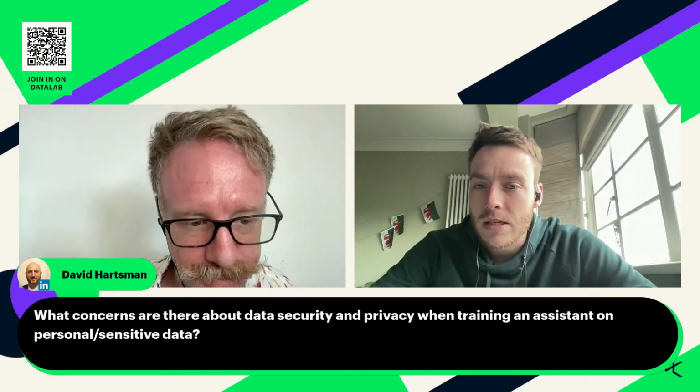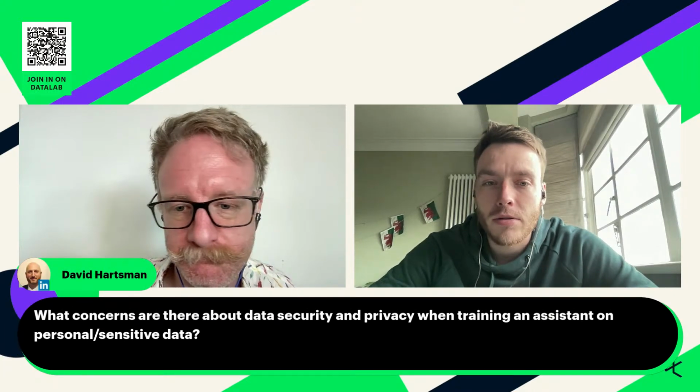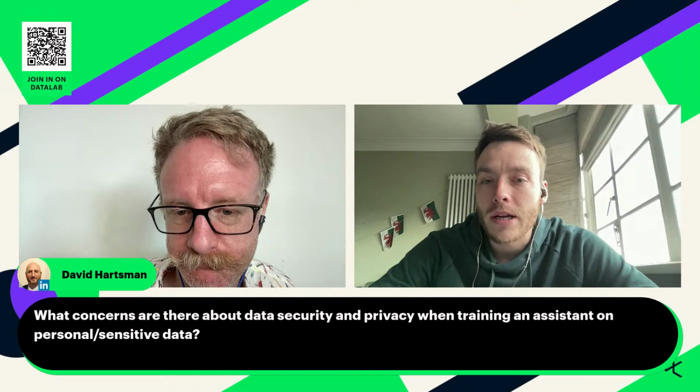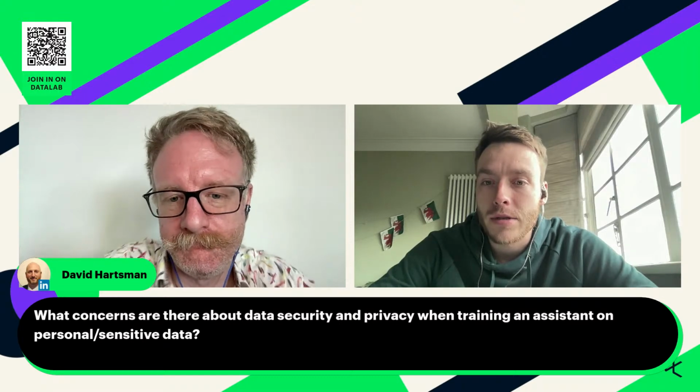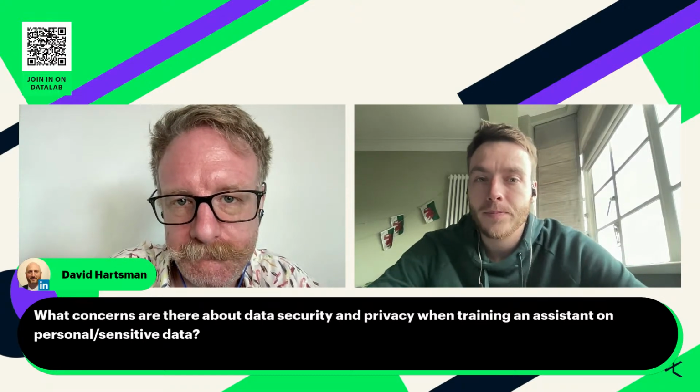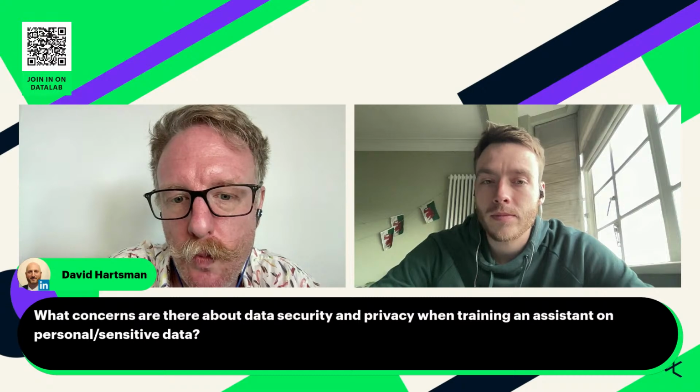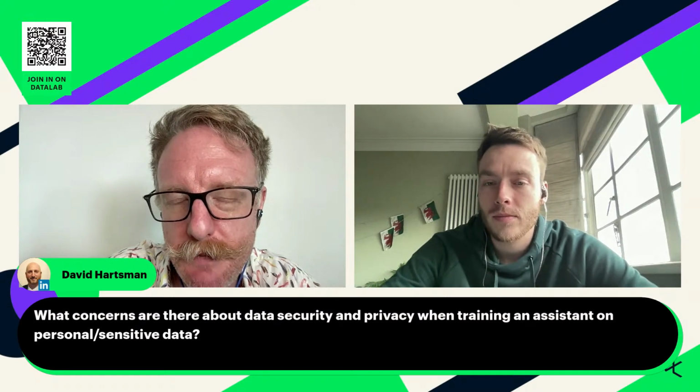Cool. Next question is from David. He says, what concerns are there about data security and privacy when training an assistant on personal and/or sensitive data? Yeah. So whenever you use the API, the data isn't trained on.